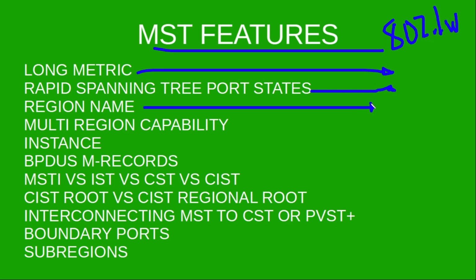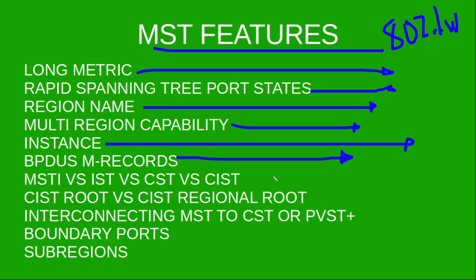We saw what are region names, multi-regions, what is an instance, how BPDUs contain M records for all instances, what is the difference between multiple spanning tree instance, internal spanning tree, CST and CIST, which is the CIST root, and which one is the CIST regional root. How do we interconnect multiple spanning tree to traditional spanning tree and per VLAN spanning tree? We didn't see this on the reports and subregions.